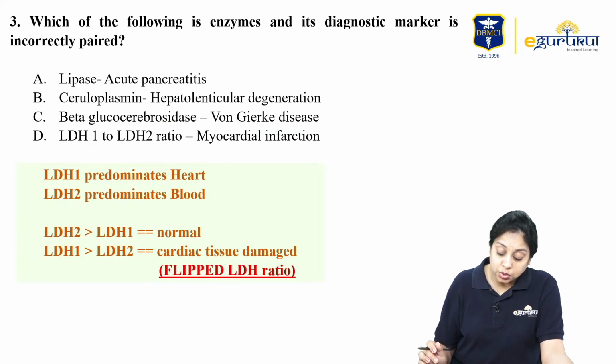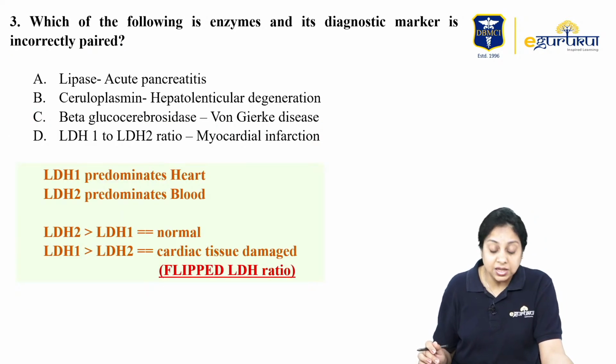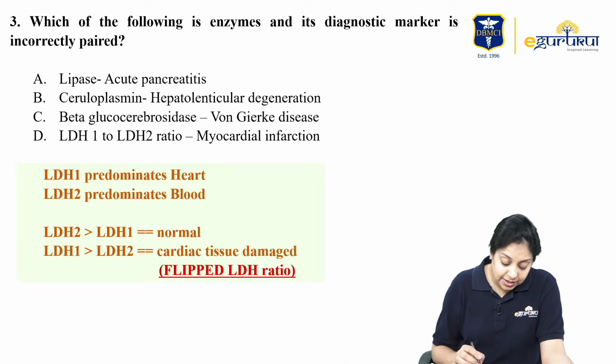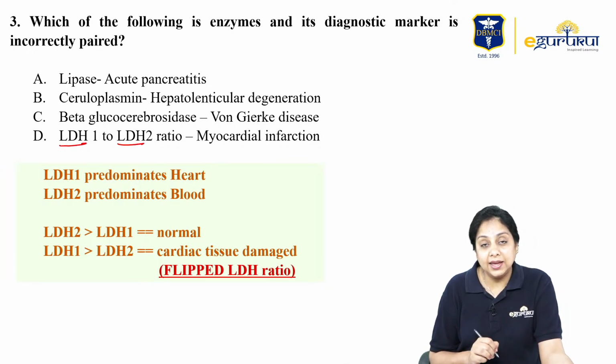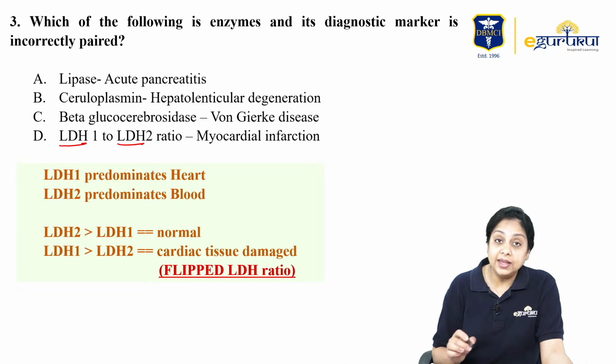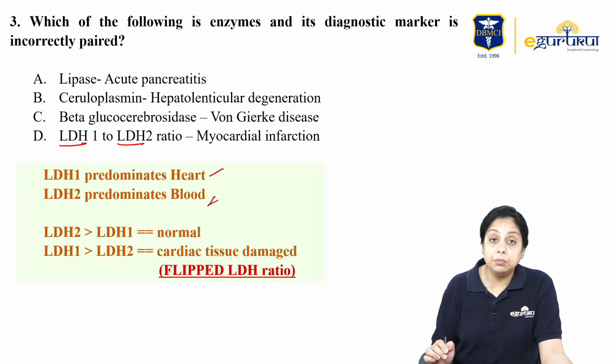LDH1 to LDH2 ratio is related to myocardial infarction. Yes, we know that, right? These are the two isoforms of lactate dehydrogenase, LDH1 and LDH2. LDH1 predominates in the heart, whereas LDH2 is majorly found in the blood.